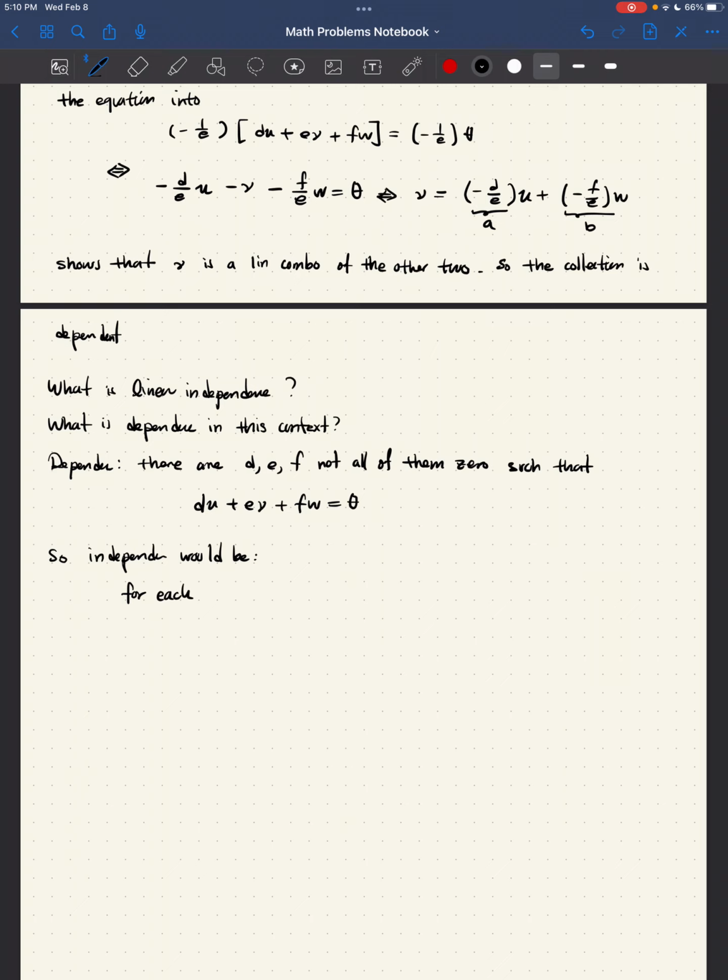For each D, E, F, if DU plus EV plus FW is 0, then each of these ones are 0. But the 0, the number.